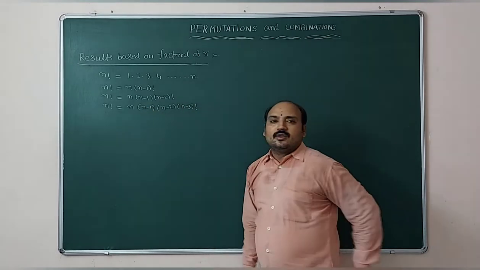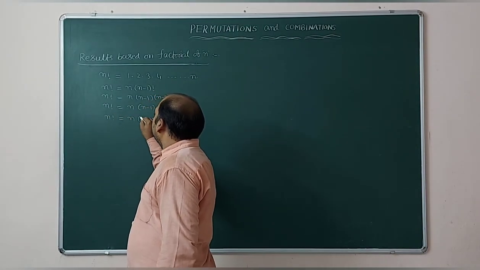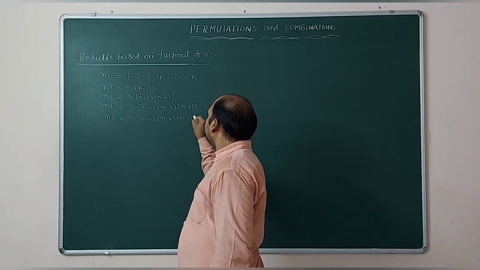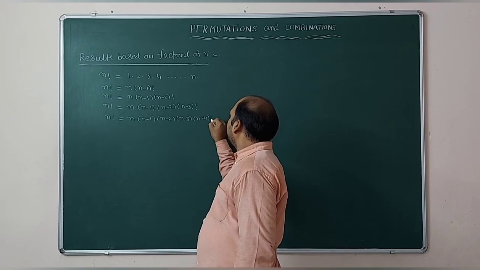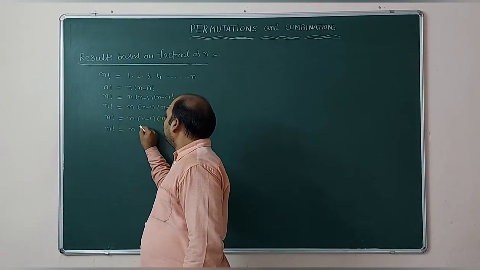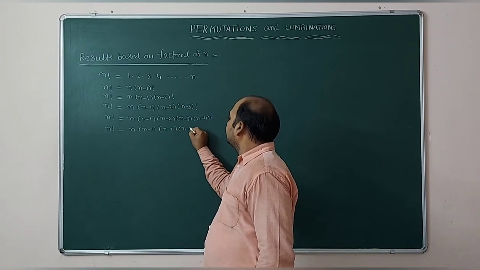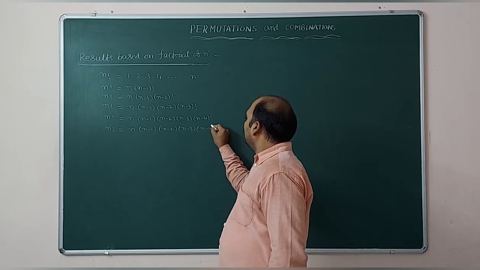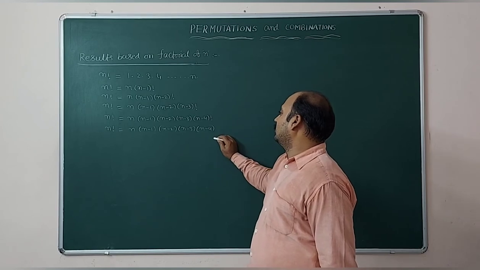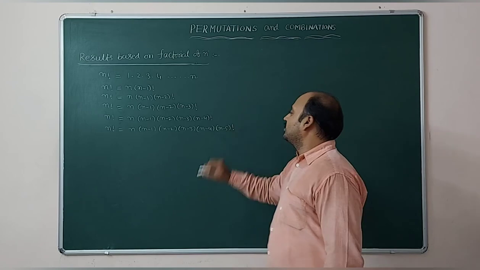Like this way we can go; till 5 I will write, after that similarly. n factorial is equal to n into n minus 1 into n minus 2 into n minus 3 into n minus 4 factorial. n factorial equal to n into n minus 1 into n minus 2 into n minus 3 into n minus 4 into n minus 5 factorial.